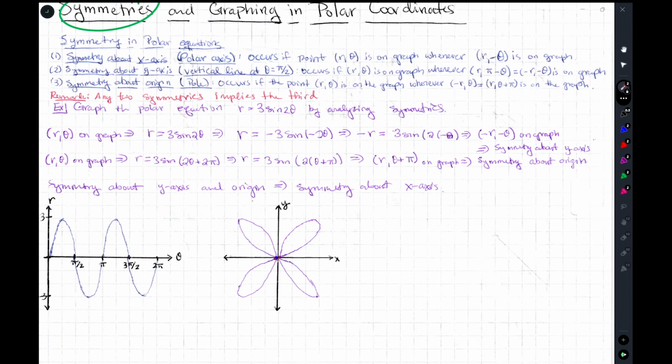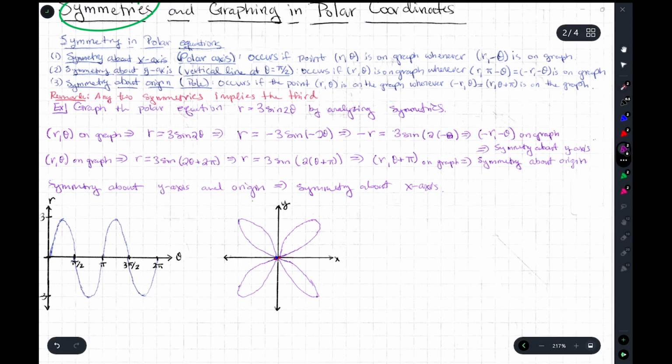So always shoot for what's simpler. All right, and so since we know this has all three symmetries, we only have to plot the first quadrant. Plotting the first quadrant, then we could flip it around about the y-axis. We know we have symmetry about y, and we know we have symmetry about x, so we could flip it around, and you'll get the full curve.